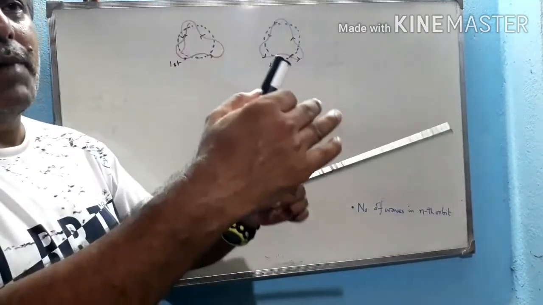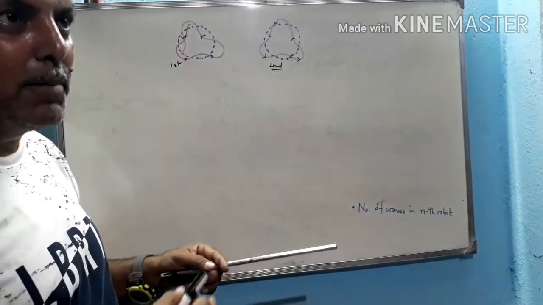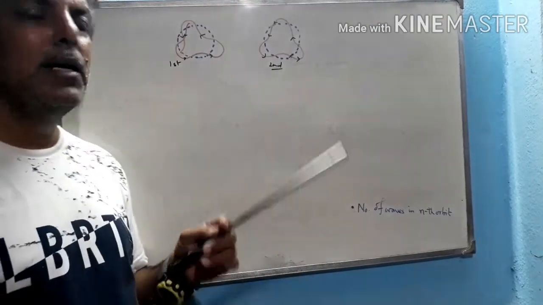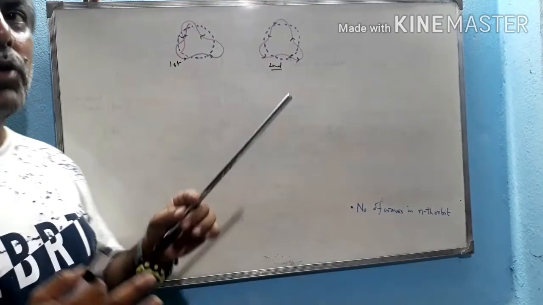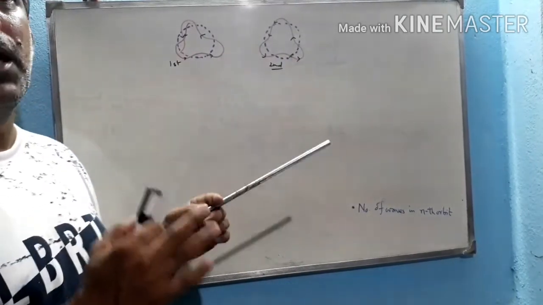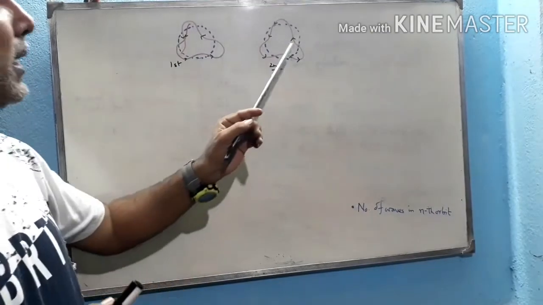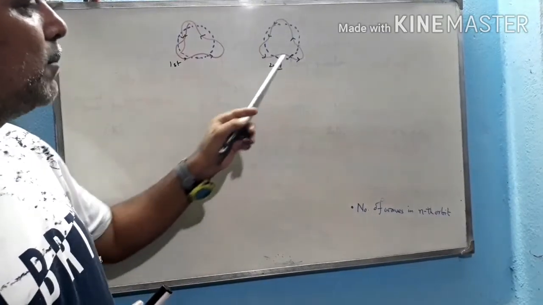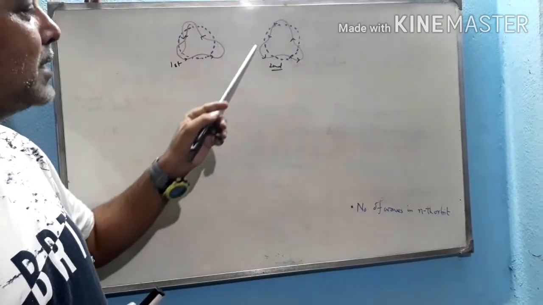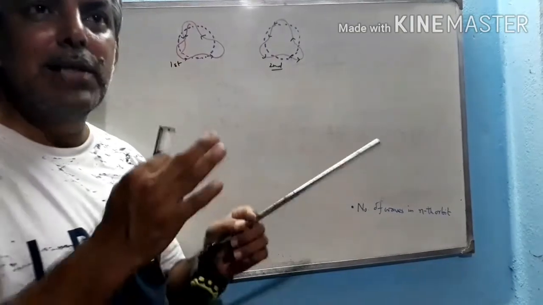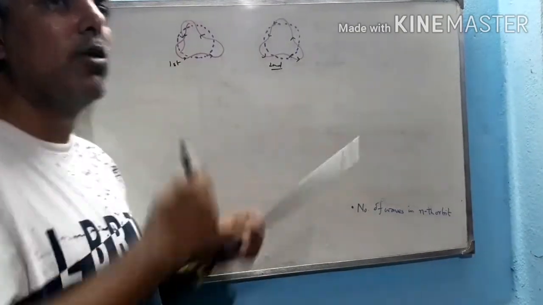Sometimes it increases to the maximum, sometimes it decreases to the minimum. In between these two, the velocity lies. But we know that in Bohr's theory, the velocity of the electron remains the same. That means the energy of the electron also remains the same. Here, in this orbit, it obeys Bohr's theory because it continuously shows the same pathway. That means it maintains the same energy level. This is the quantized orbit.